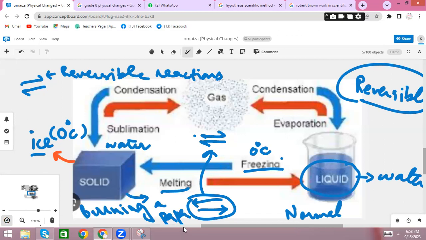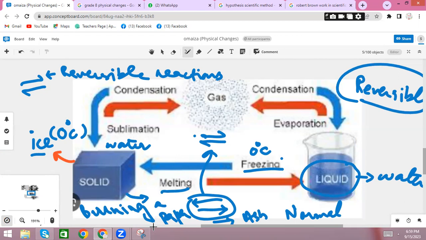It turns into gas. It doesn't turn into liquid. The burning of paper will give you ash. But you cannot convert this ash back into the paper. That's an irreversible change.